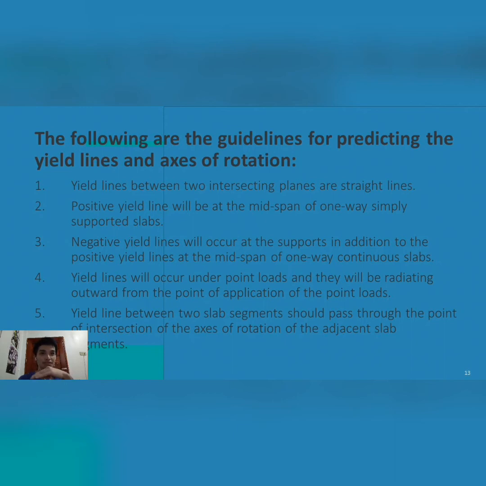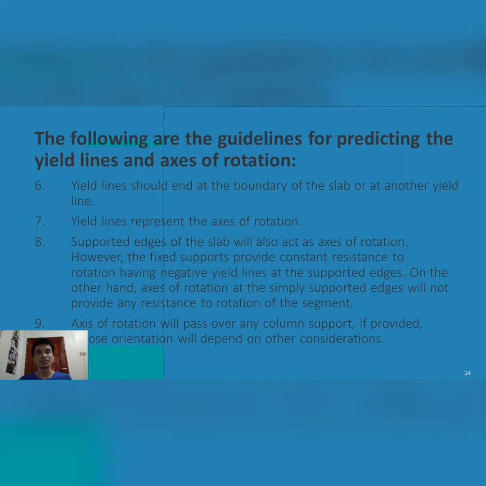So, syempre sa may bandang taas medyo mahina. Dahil nga, di ba dun may nangyayari ding tension dun. Pag bumaba yung slab mo, parang nabibiyak sa gitna ng support. So, yun nga po. Next slide is number 6.